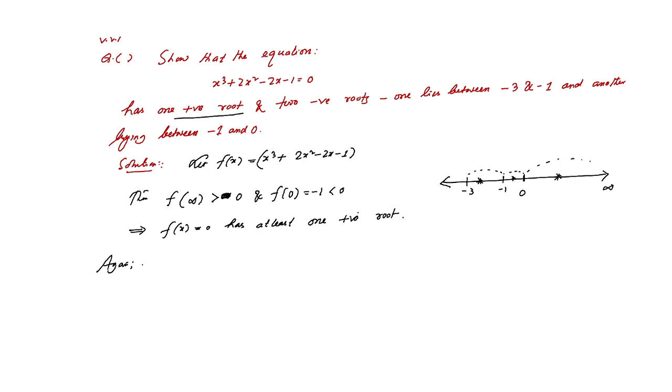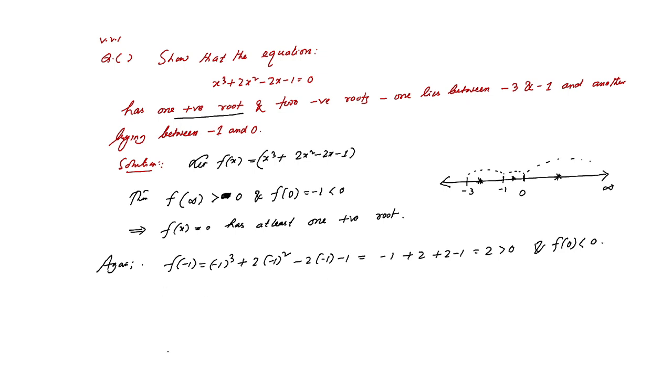You calculate f(0) is negative, f of -1. So f of -1, this is (-1) cube plus 2 into (-1) square, minus 2 into (-1) minus 1, plus 2 plus 2 minus 1. So this is 2, greater than 0. We have already seen f of 0 is less than 0.